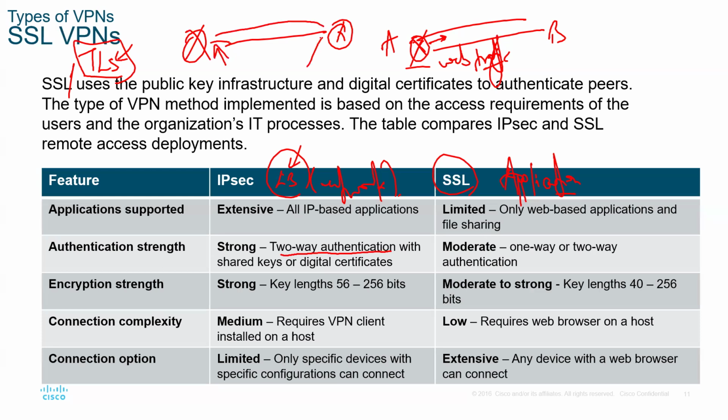Authentication happens at this gateway, and authentication happens at the other gateway. Meaning it is stronger authentication: if you want to get access, let's say to attack, it is more difficult. With IPsec we have two-way authentication, but the other one is one way at the other end.